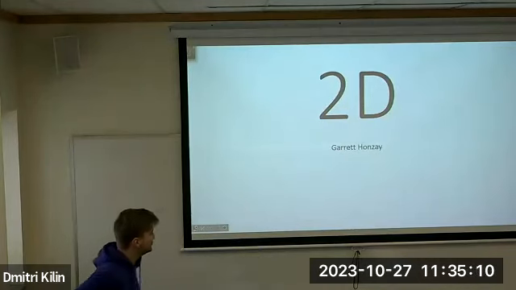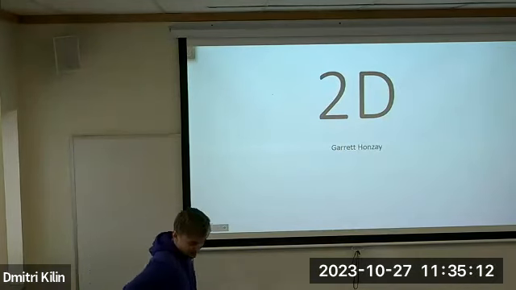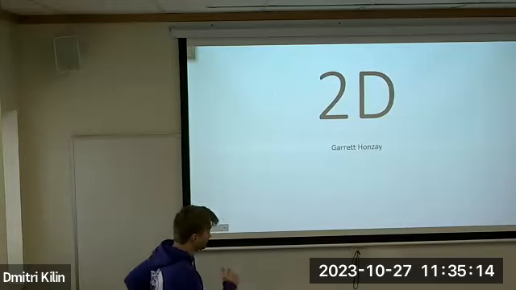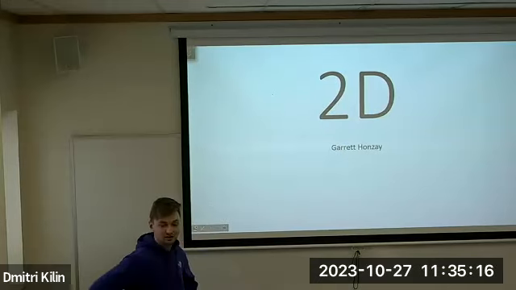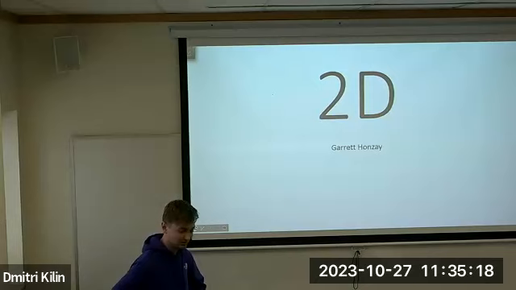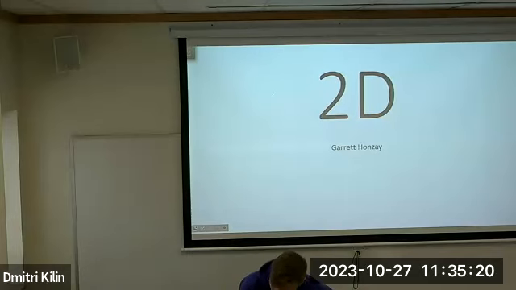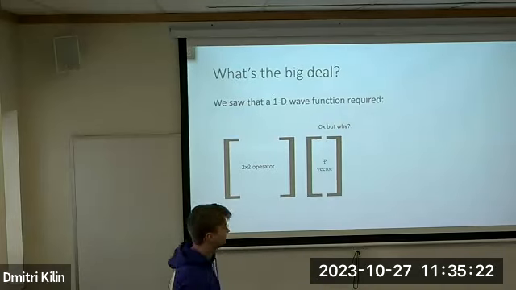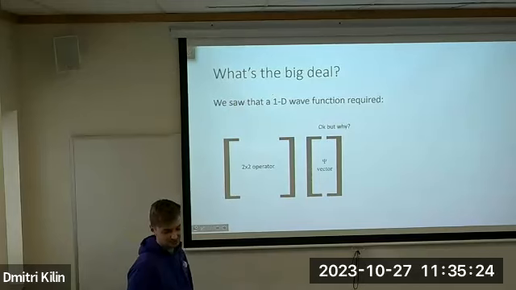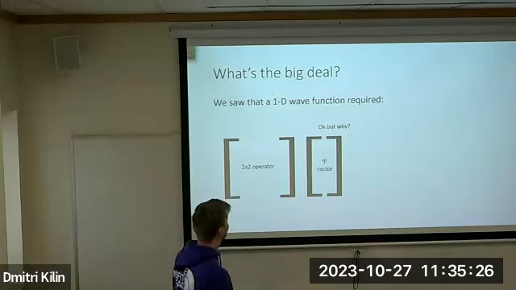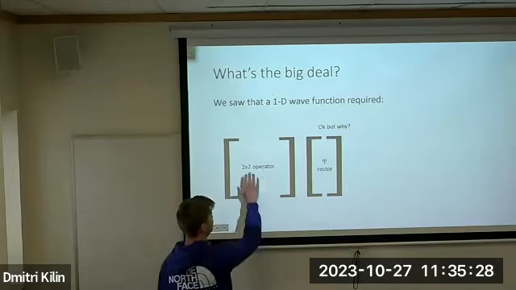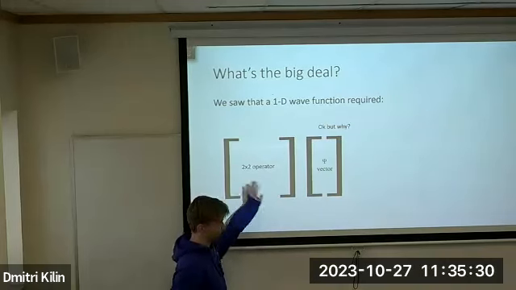So we're going into 2D. The understanding of this depends heavily on what James presented on, that matrix that was in the exponent. That's what we're focusing on right now. So what's the big deal? Why is going into 2D a problem? We saw that a 1D wave function required a, and I apologize, it should be 2D operator, not 2 by 2.